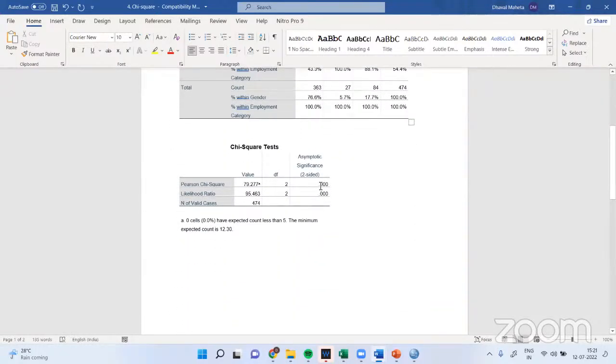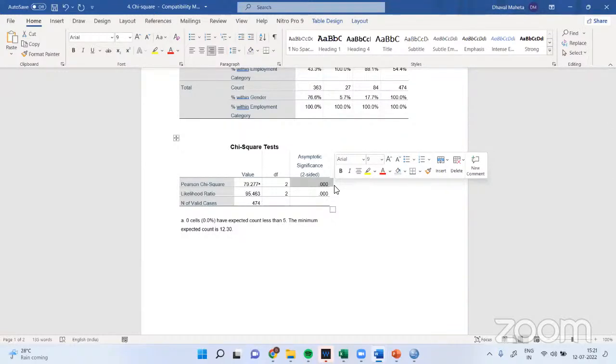You have to see the Pearson chi-square value. Done? Are you getting the value? Say yes or no.